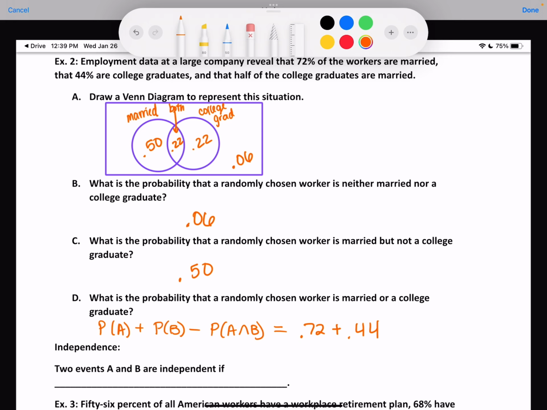We're looking at the original because we're doing the formula. So the probability of A is 0.72. Probability of B is 0.44. And then we're going to subtract the intersection of the two, because that's the stuff that's getting counted twice. Minus 0.22. Will we also subtract the 0.06?